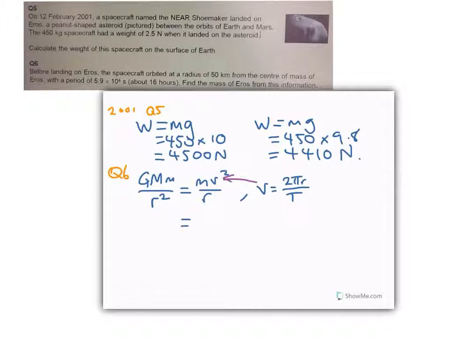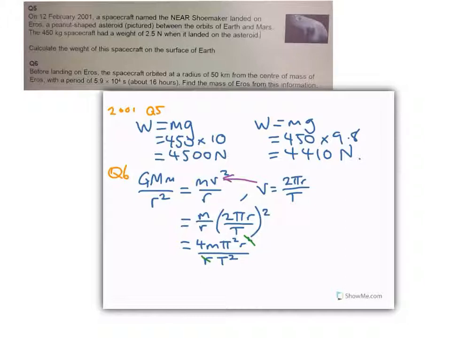So that means that this will be equal to m over r times 2 pi r over t all squared, which is equal to 2 squared is 4, m pi squared r squared over r t squared. And we can cancel down one of those with that.